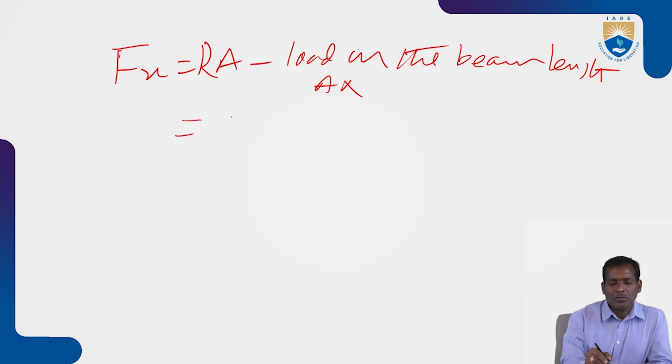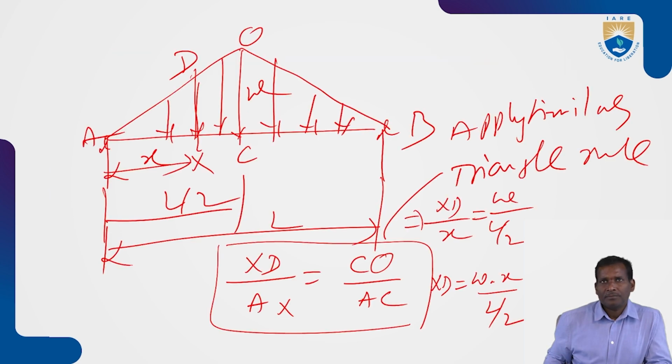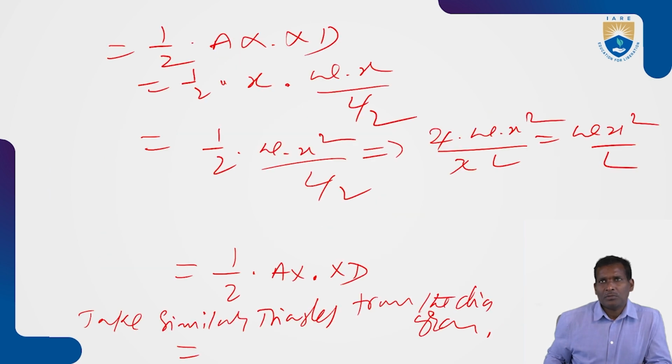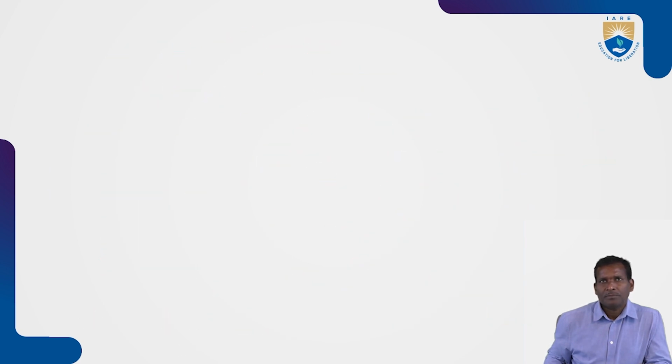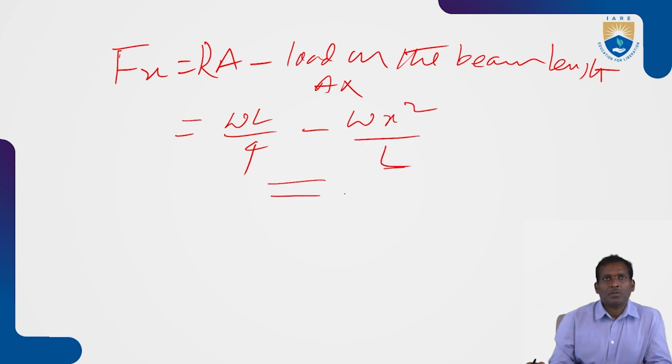So RA is equal to WL by 4 minus the load on the beam length, which we calculated here as WX by L by 2, so WX square by L. This is the shear force at section X.